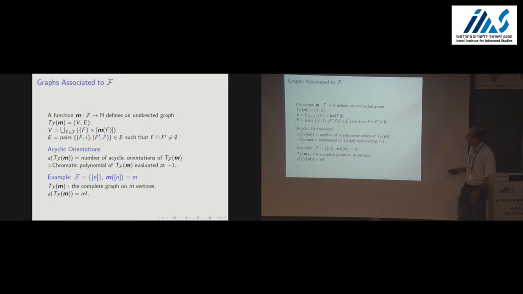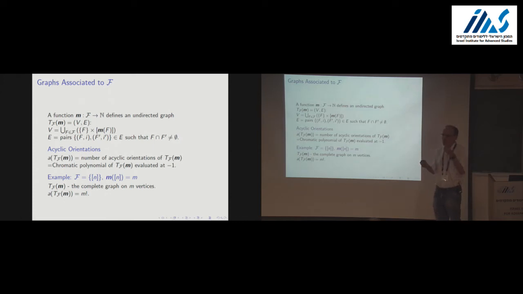Okay, this is a horrible slide. What you do is there is a parameter which is a function or a label. You label each set in F by some natural number. You construct some graph out of this labeling.